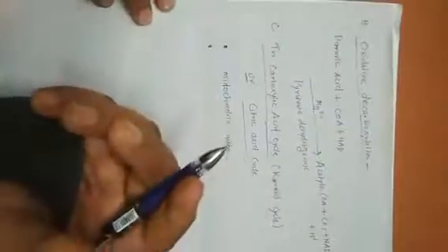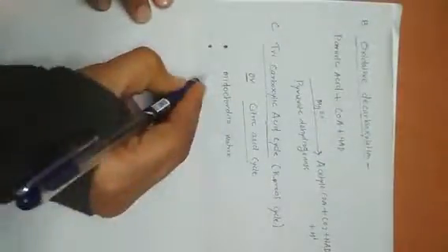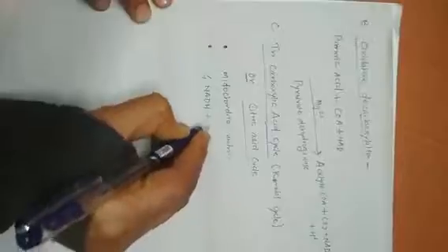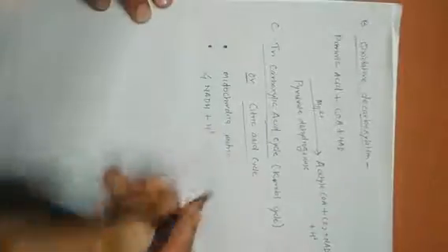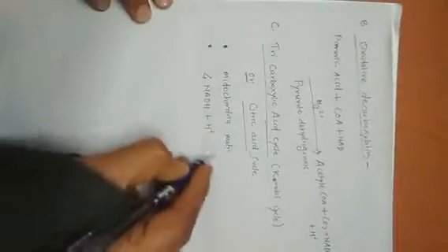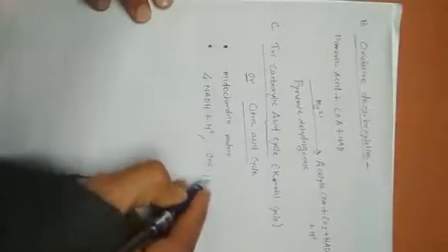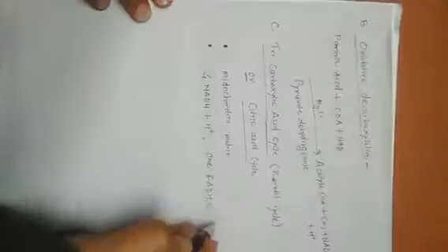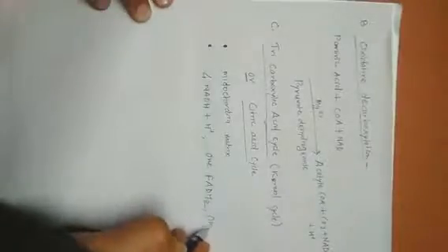Each pyruvic acid molecule produces 4 NADH plus H plus, also 1 FADH2 and 1 ATP.